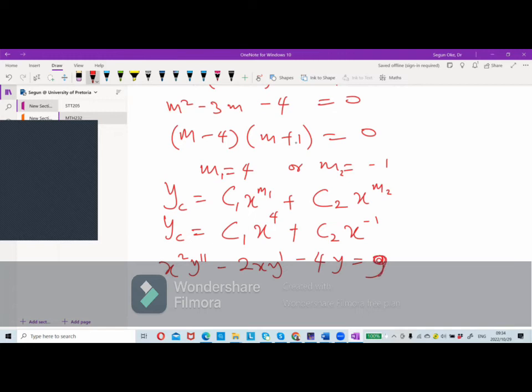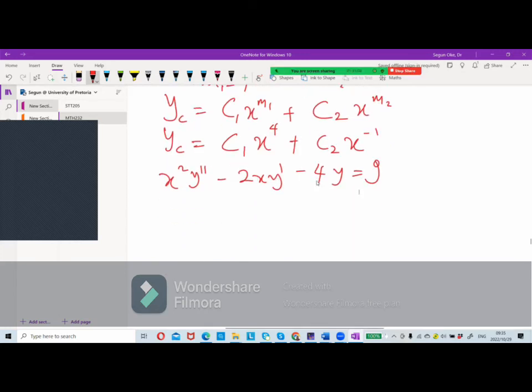Now, if it's equal to g, how do we get g? We have the g already. So what we need to do is, what is g over ax squared? What represents ax squared in the question we are given? This is our question.